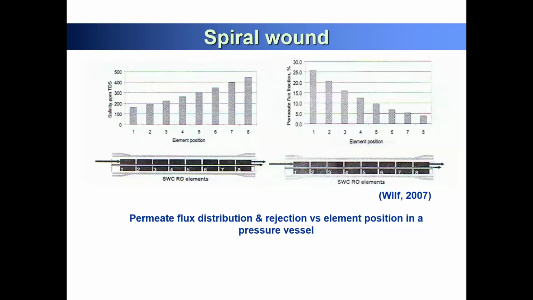So you design your element, which means you design only one element. You have to consider all modules, all pressure vessels, depending on their change of pressure, concentration, and permeate flux. Can you calculate one by one?